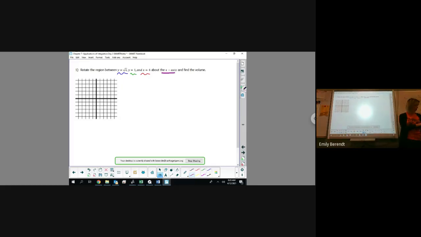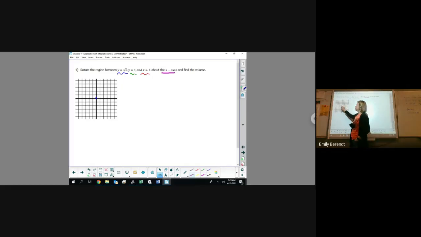So we're going to graph y equals the square root of x, which we all should know how to graph: (0, 0), (1, 1), (4, 2). You've got the line y equals 1, which is horizontal at 1, and then the vertical line x equals 4.